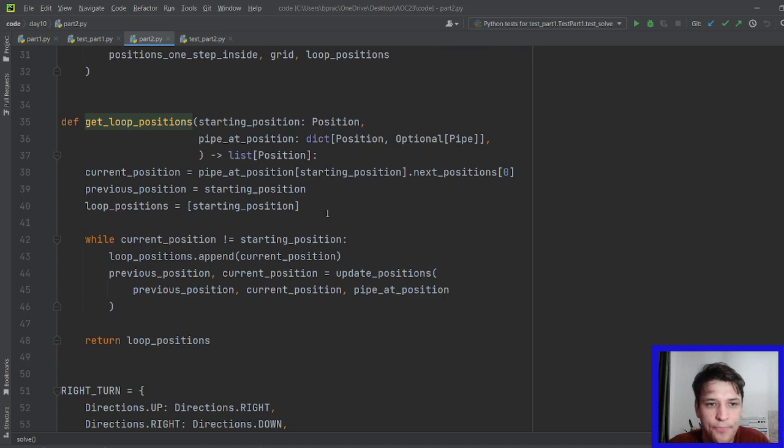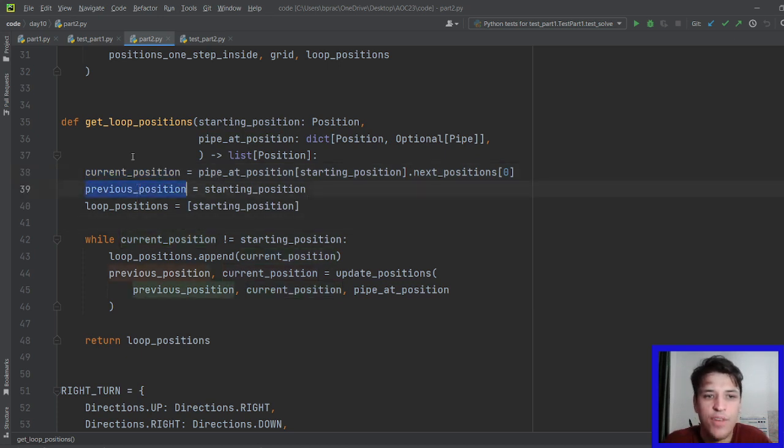First, a function that gets all the loop positions is similar to what we've done in part 1. We have a starting position and a dictionary that gives us the pipe at each position. The current position will be just one of the next positions from the starting position. So we have the starting position, consider the pipe there and the next positions, and just take one of them for the first current position.